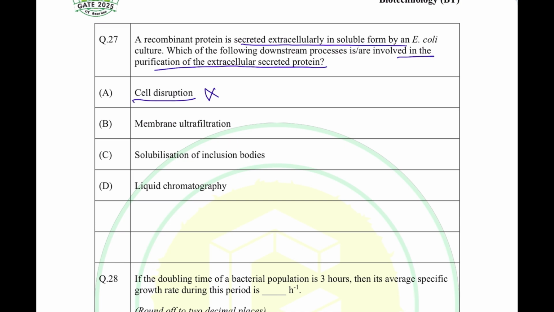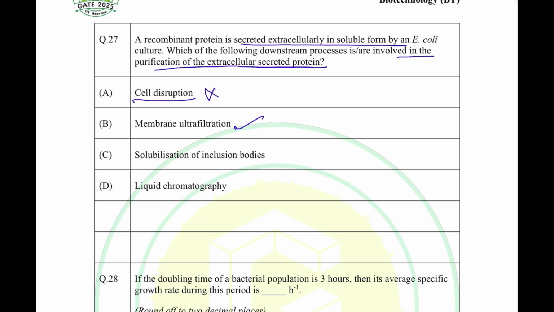Next, membrane ultrafiltration can be used to concentrate and partially purify the extracellular protein, can remove small molecules and concentrate the targeted protein. So membrane ultrafiltration will be the right answer. And next option is solubilization of inclusion bodies. Inclusion bodies occur with insoluble intracellular protein.